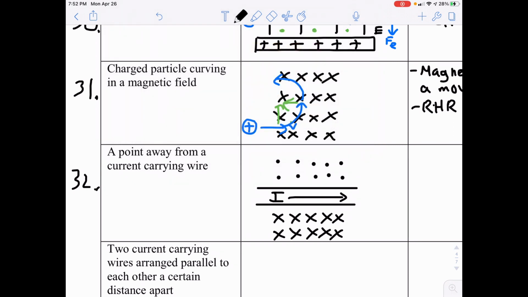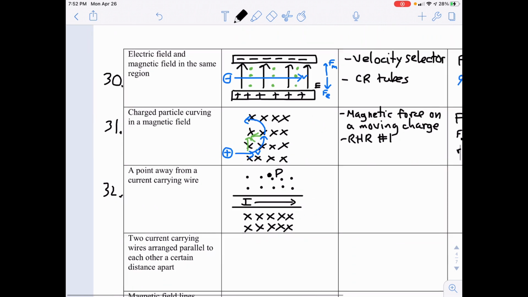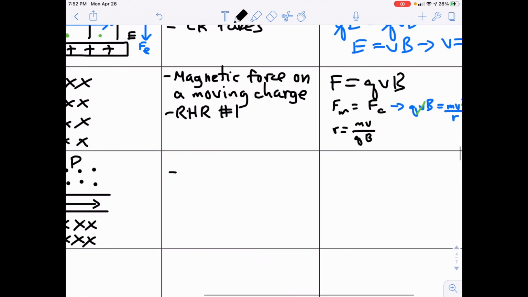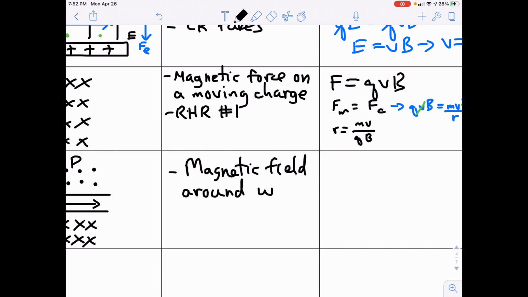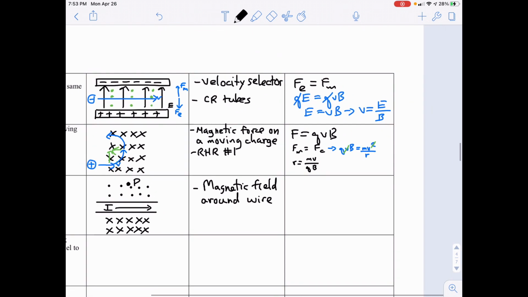And let's say we're talking about some point P way off up over here. We're talking about magnetic fields specifically around a wire, the magnetic field around a current carrying wire.